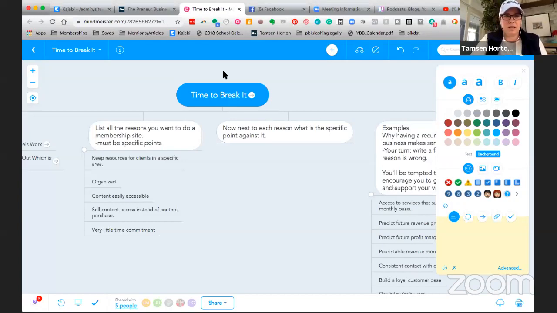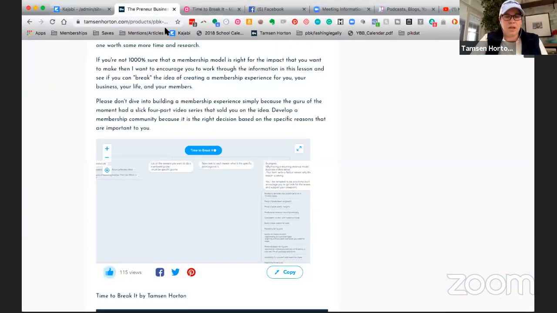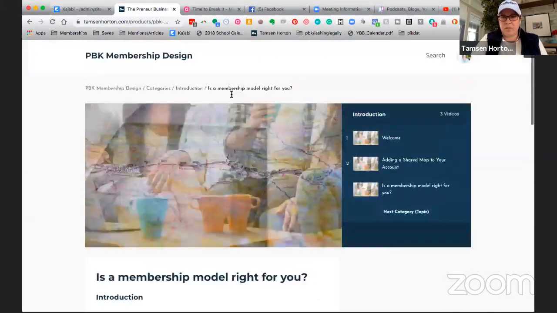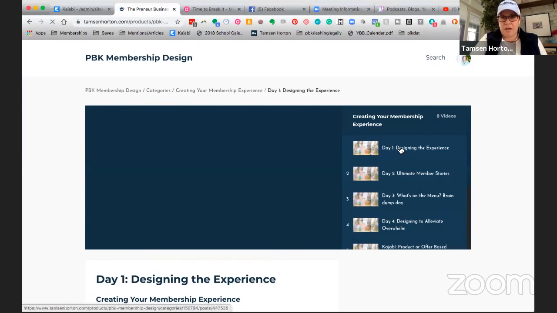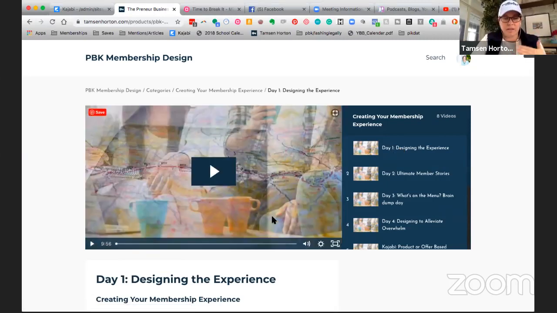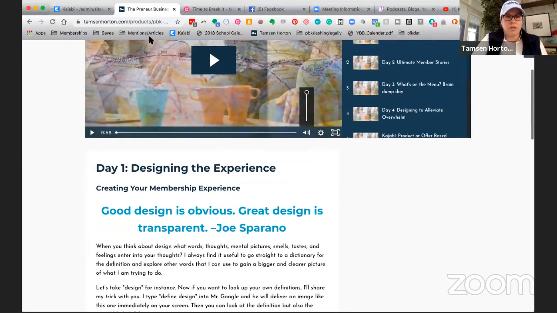Okay, so now we're going to go back here and we are going to move. I just wanted to give you an idea of how I walk through it, because building it in Kajabi is not the hard part.